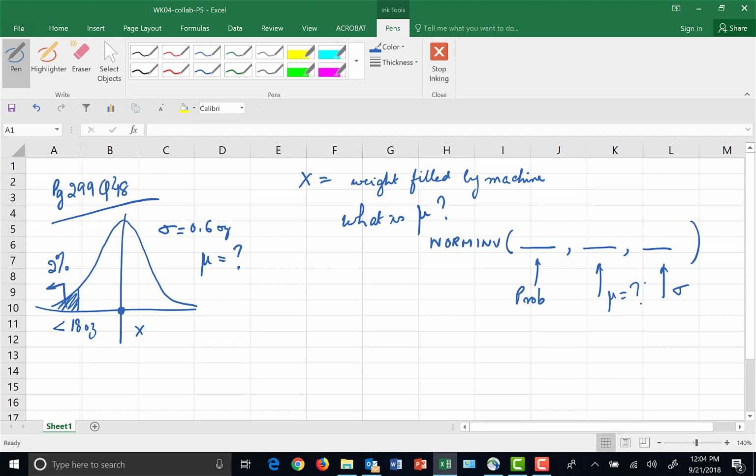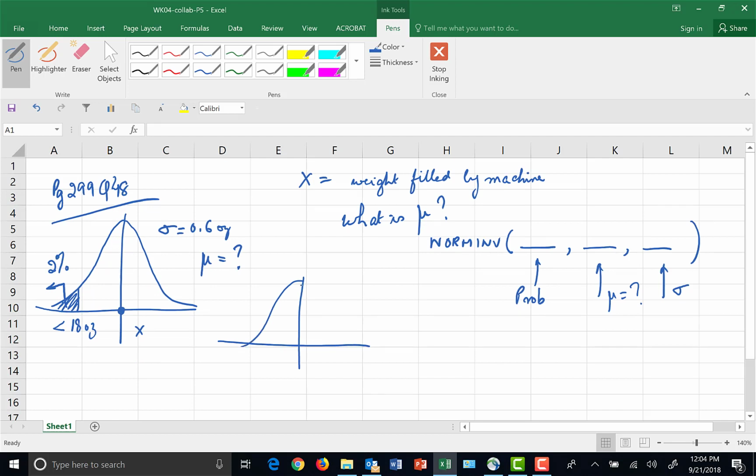Okay, but that doesn't mean the rule is invalid. If I know a probability and I want to find a location on the x-axis, I have to use inverse. There's no way around that. But instead of using the norm inverse, I will use norm S inverse. Why am I using norm S inverse? Because remember, for the standard normal distribution, I know the mean and I know the standard deviation. The mean is 0 and the standard deviation is 1. Okay, so here's the reasoning.